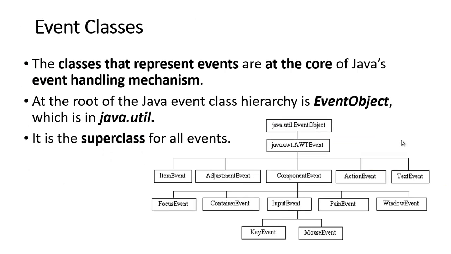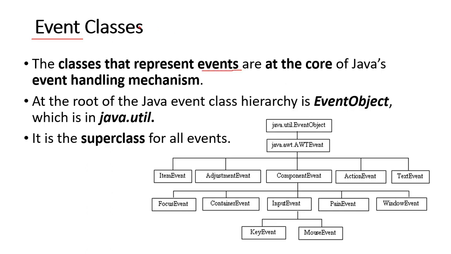Now, in order for us to do programming in Java, we must know a few of the classes which are required in the event delegation model. The first class that we need to know is the event class, which plays a very important role in the event delegation model. So what is this event class? There are many event classes. Event classes are those classes that represent events.